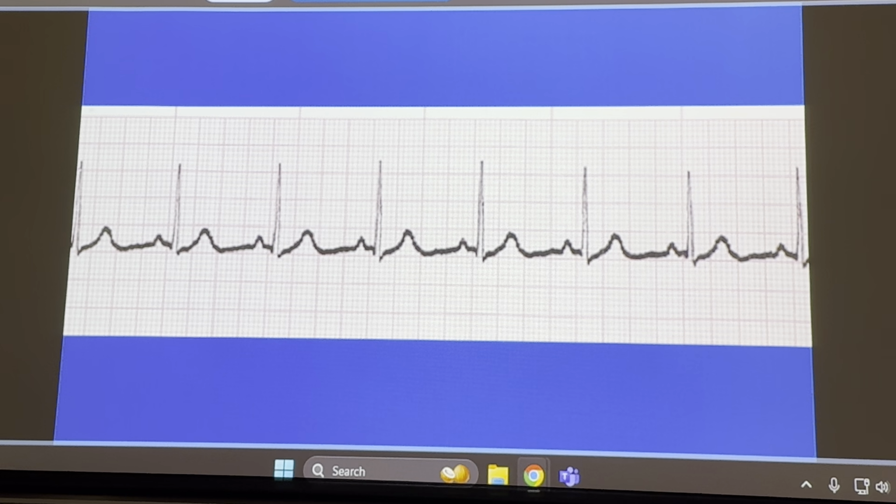It's got a regular rate, it's got a regular rhythm, it's got a P, it's got a QRS, it's got a T. Okay, how fast is it? 80. 80, okay. So what does that mean then? If everything's normal, it's fine, normal sinus rhythm, right? Okay, perfect.